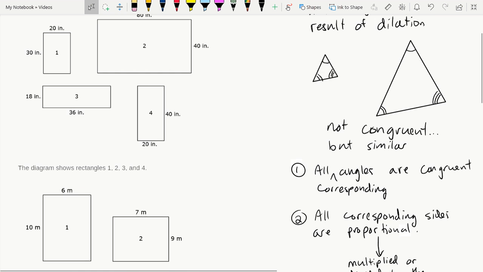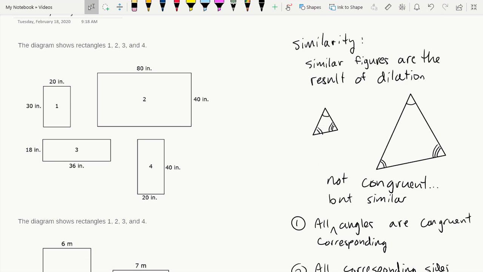Let's think about if this was 2, 2, and 3, and let's say this was 9.